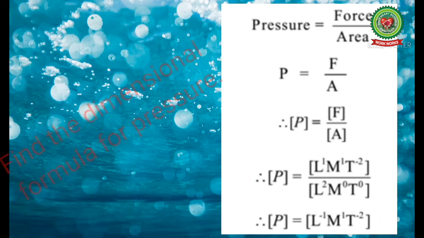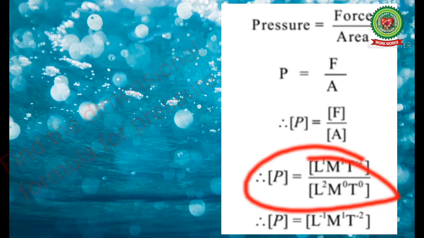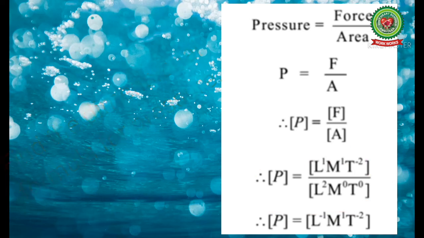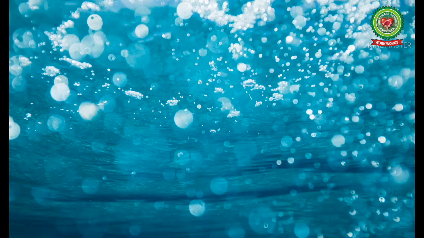I hope you have all learnt these dimensional values. A has the dimensional formula M0 L2 T0. So, on recombining them, we will get the answer M1 L minus 1 T minus 2. This is the dimensional formula for pressure. Hence, using the principle of homogeneity, we can derive the dimensional formula for various different quantities.